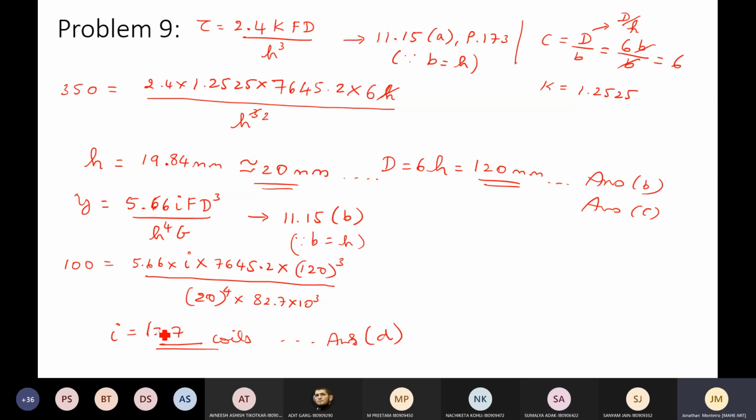So this is the minimum number of active coils that are required. Since it is not told to us to design anything or find out parameters, the rest of the parameters like pitch and length, we can stop here itself. When you say design, then all other parameters will come. You have to find out the pitch and adjust it for that, and so on.